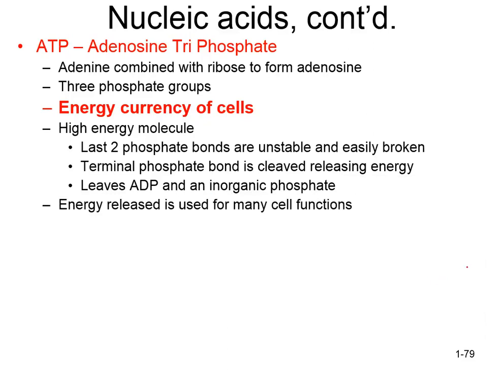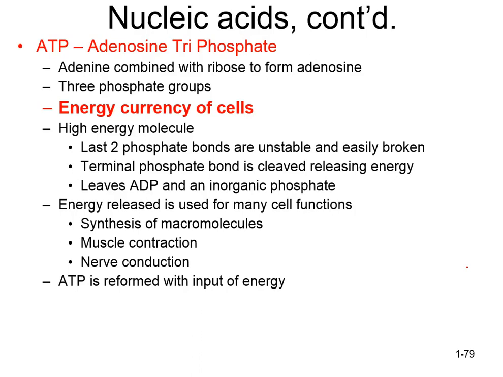So energy that is released in the process is used for so many functions. These are the functions that the energy is used for: synthesis of macromolecules, like synthesizing proteins. It is also used for muscle contraction, nerve conduction, and the like. After the ADP is formed, the ATP is reformed again. If you add energy in there, you will form the ATP again.